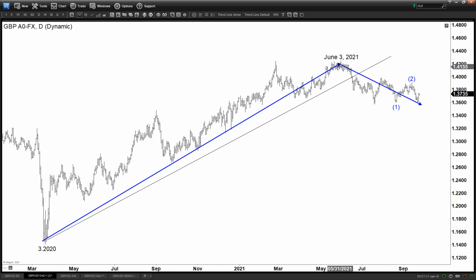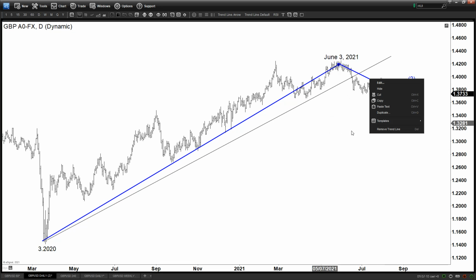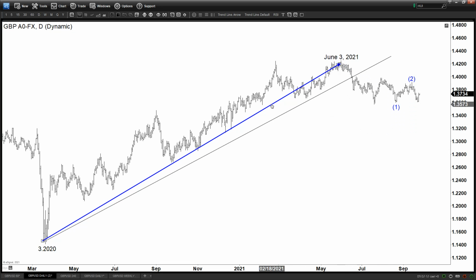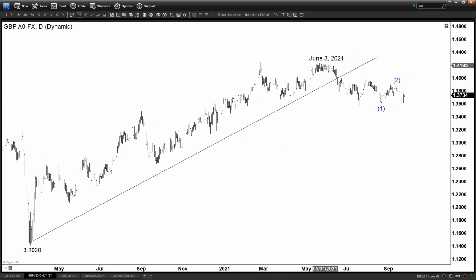But for now, let's assume this is a correction. The structure so far looks gentle, doesn't look impulsive, so that's usually characteristic of a correction. What we got here looks like 5 waves, or you can count it as 5 waves.